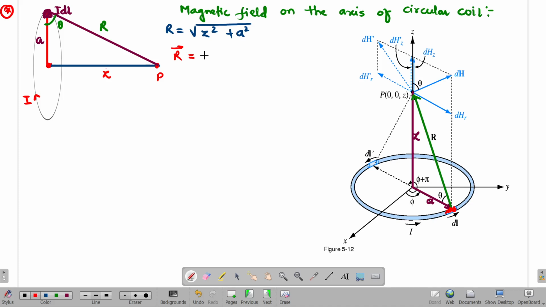I can say that it is Z k cap plus A i cap, or not?